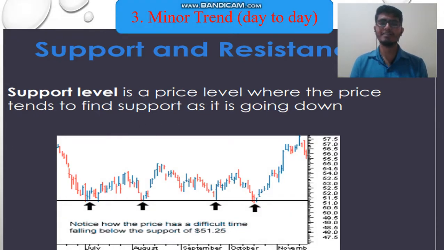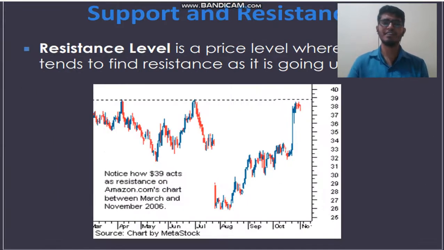The support level is the minimum level below which the stock prices will not reduce on that particular day, and the resistance level is a limitation for the increase. Up to the resistance level the prices can be increased. More than that, prices should not be increased. These are the restrictions from the stock market.